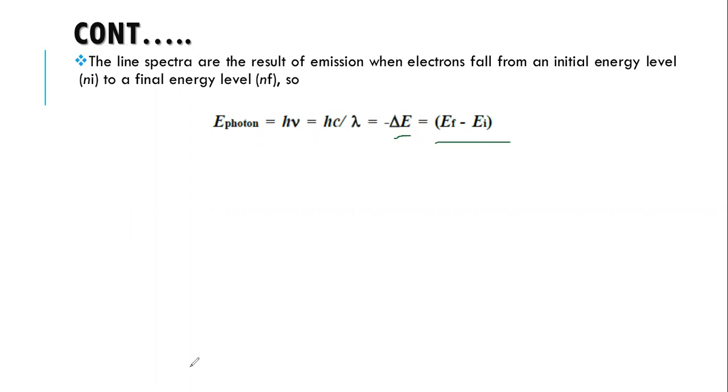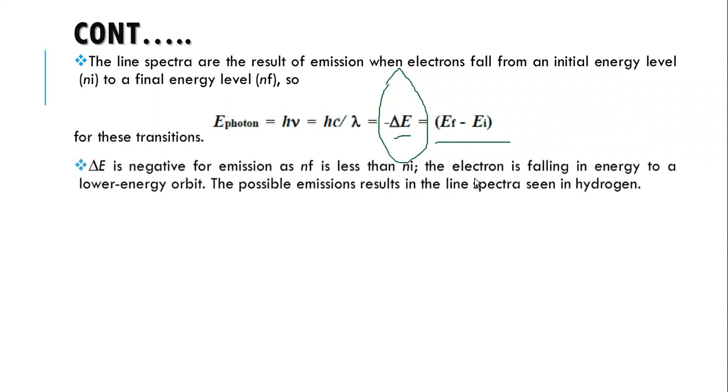You will end up with a negative value for all transitions. So delta E is negative for emission, as nf is less than ni, the electron is falling in energy to a lower energy orbit. So the possible emissions result in the line spectra seen in hydrogen. This is how the line spectrum is derived.